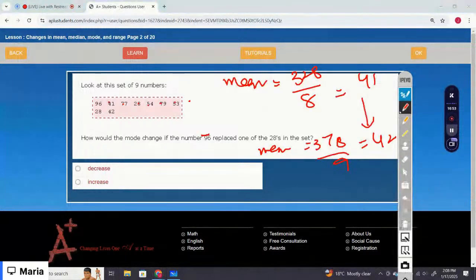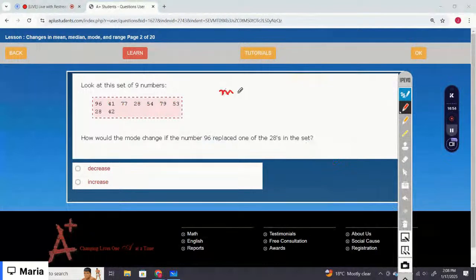Let's just look at the mode. The mode is 28.